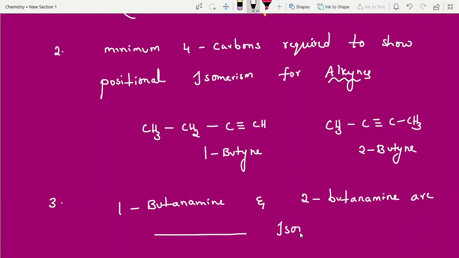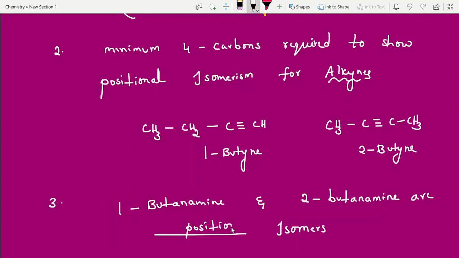Can you give the answer within 1 second? Root word no change. Chain no change. 1-butyramine, 2-butyramine. Position changing. Then it is positional isomers.